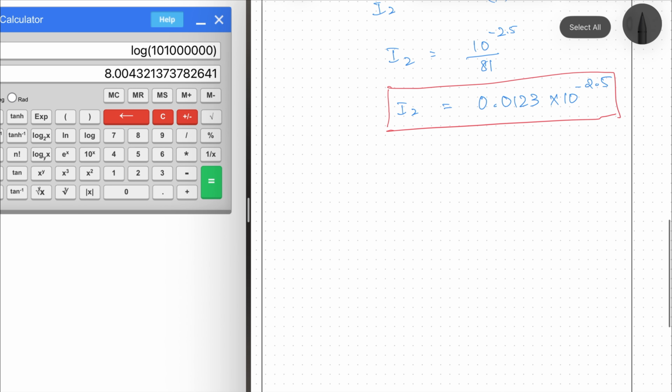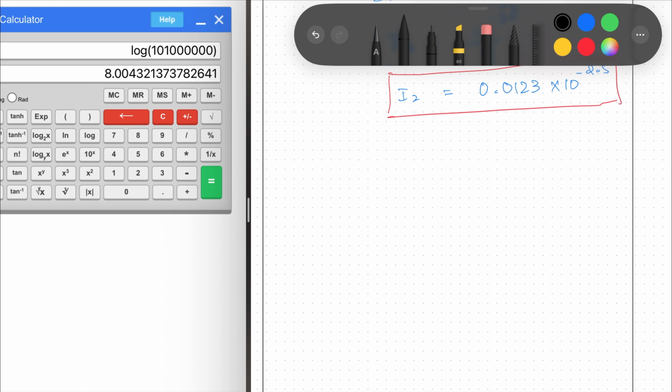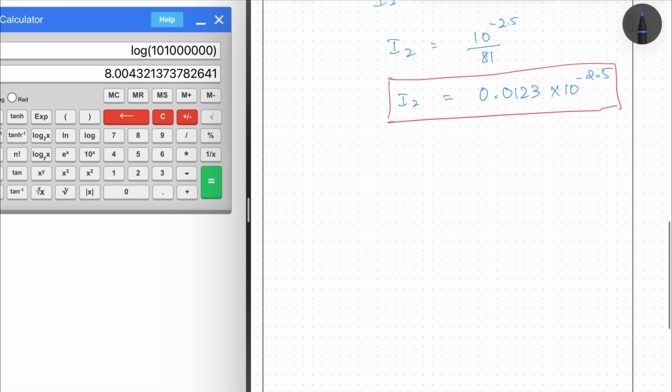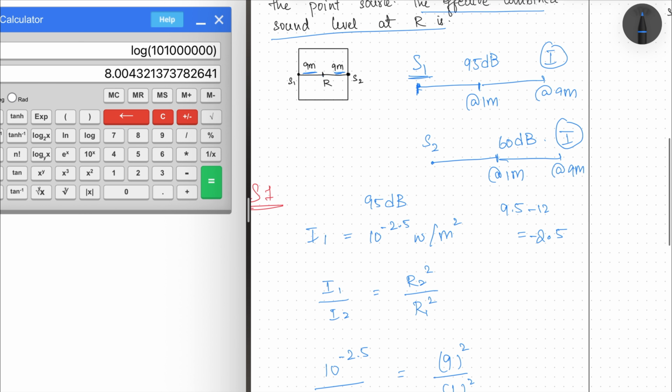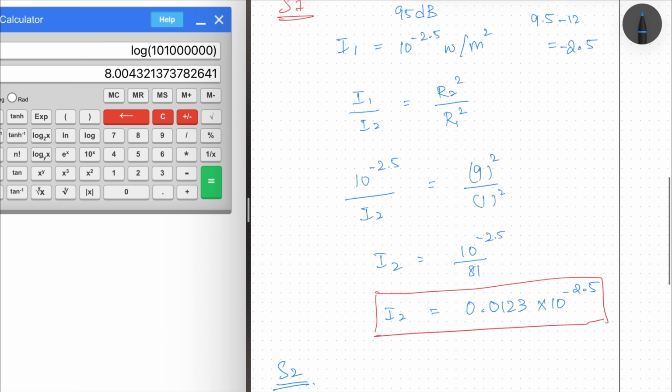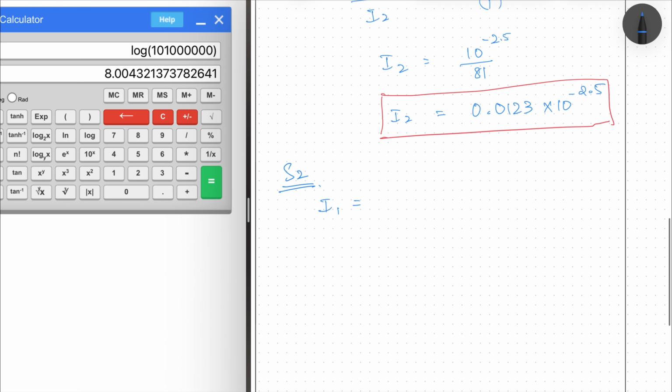Now let's find the sound intensity of source 2 at 9 meters. Okay, so we're going to do for S2 now. So what is your I1 here? I1 is 60 decibel. So 60 decibel would be 10 to the power minus 6 watts per square meter. And again, we are going to do the same formula. I1 by I2 is equal to R2 square by R1 square.